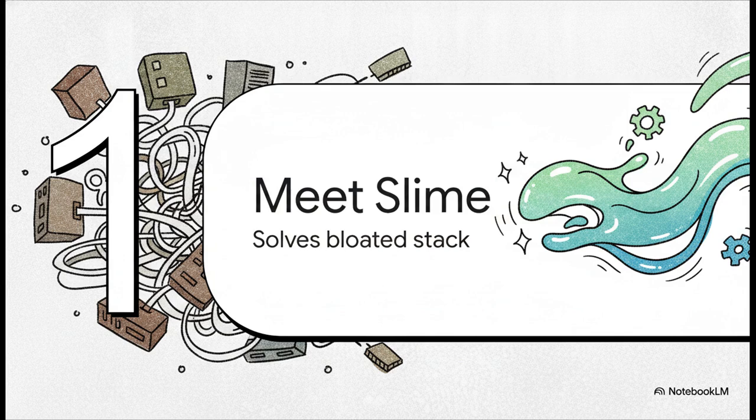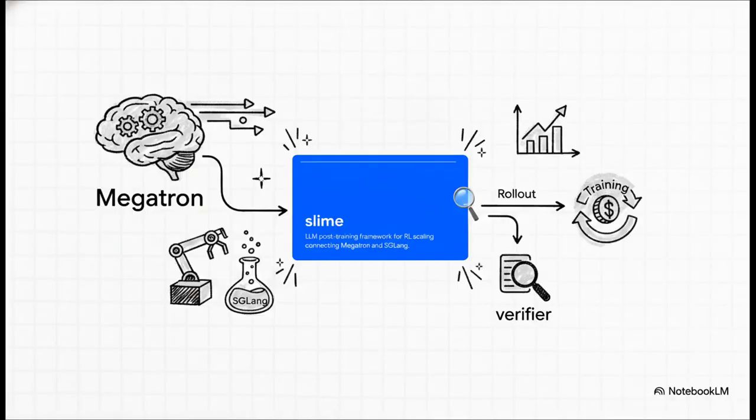Meet the Slime framework, an antidote to the bloated stack. Slime is essentially the direct antidote to that disconnected Frankenstein tech stack that plagues AI labs trying to scale their post-training. Basically, it's an LLM post-training framework built specifically from the ground up for RL scaling. The way it works is by seamlessly connecting Megatron, which handles all the high-performance training, with SGLang, which handles flexible, high-throughput data generation.